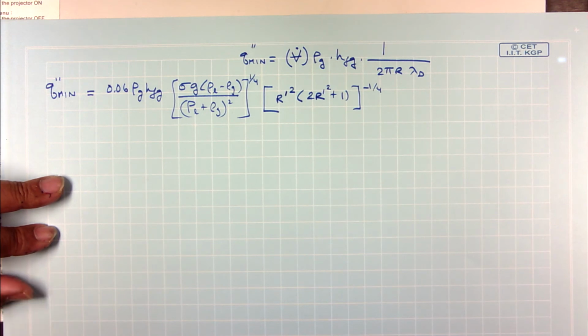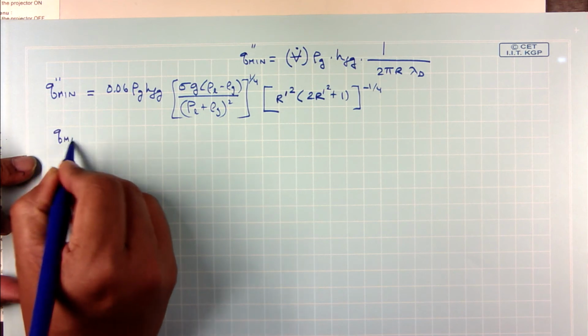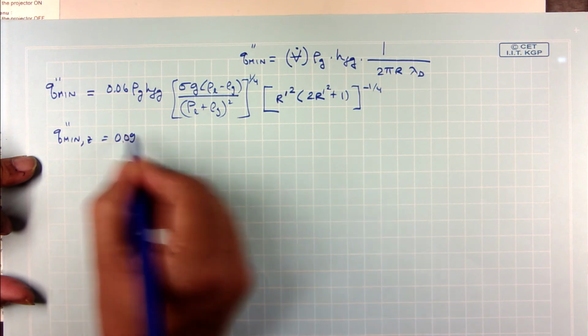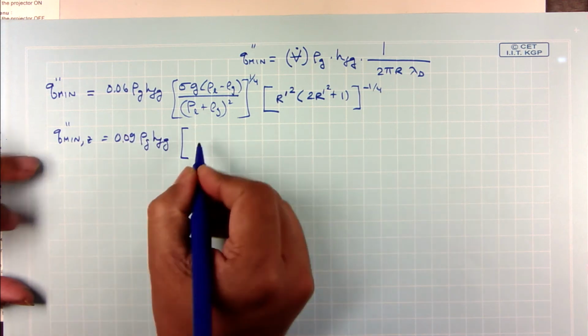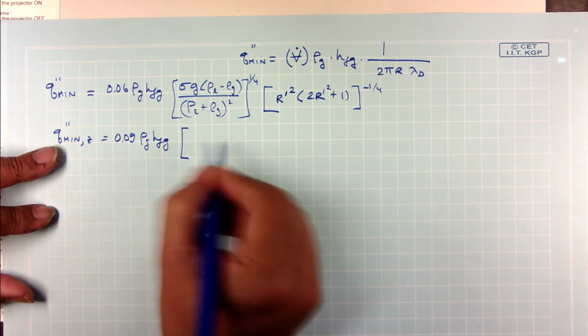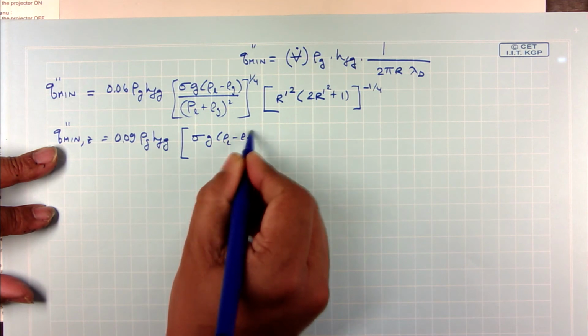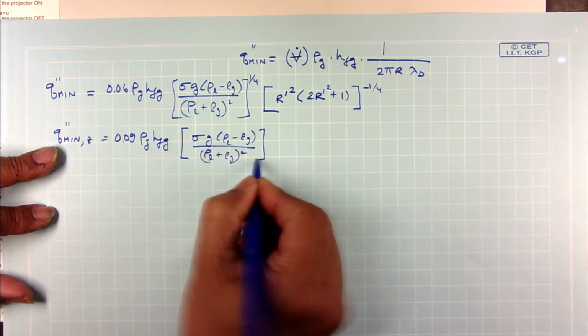Okay. Now, for a flat plate, if you remember, q double prime minimum Z comes to 0.09 rho g HFG times [sigma g (rho l minus rho g) squared] to the power of 1/4.